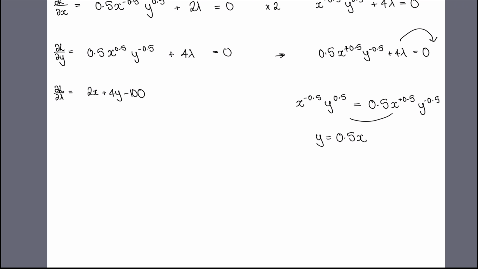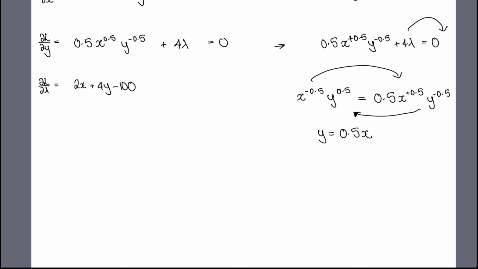That is just me moving this y to the other side. So we do y to the power of 0.5 divided by y to the power of minus 0.5, which is y. And then moving x to this side, we do x to the power of 0.5 divided by x to the power of minus 0.5, which is x. So we get this.